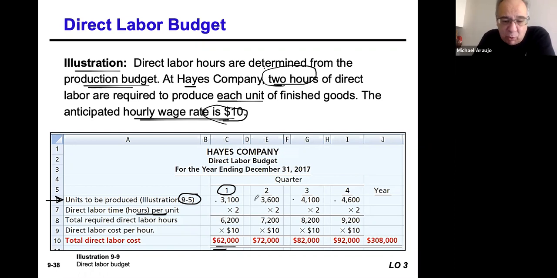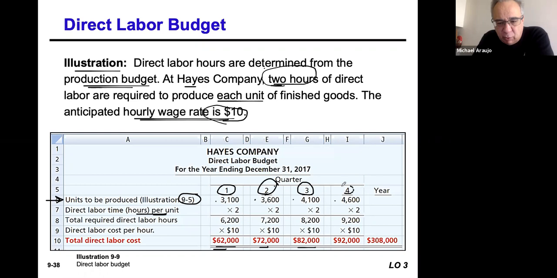And then here you've got more units to produce in the second quarter. Again, 2 hours of labor for each unit, so that's 7,200 hours of labor at $10 an hour. You've got $72,000 in the second quarter. In the third quarter, we have 4,100 units, 2 hours each, 8,200 hours, $10 an hour, $82,000 we need.